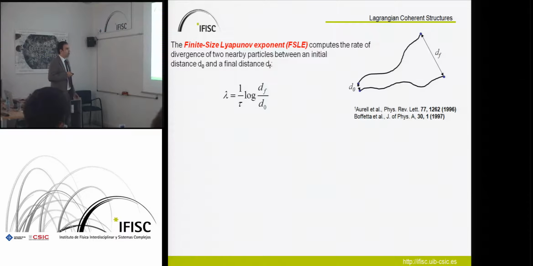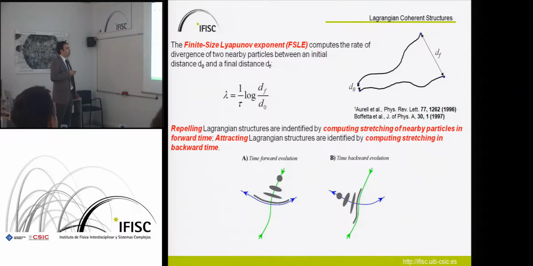So in this work, we have used the stretching measure called the finite size Lyapunov exponent, and it computes the rate of divergence of two nearby particles from an initial distance to a final distance. So we can use it to detect Lagrangian coherent structures, and we find that there are two kinds of Lagrangian coherent structures.